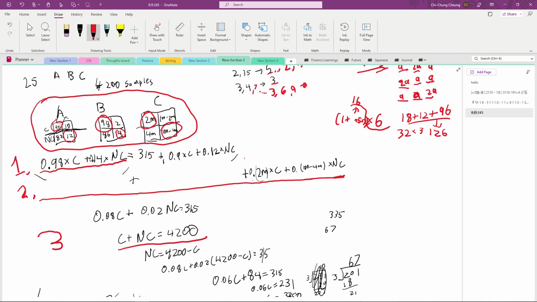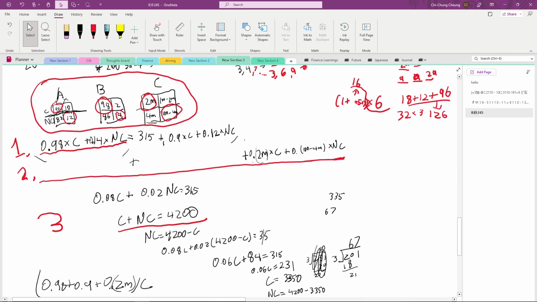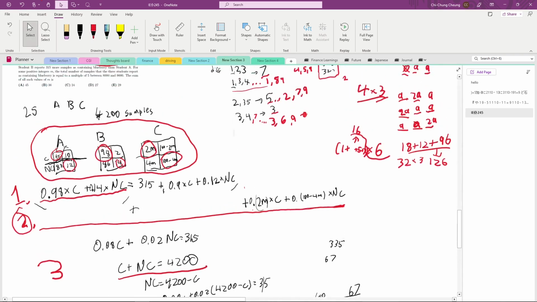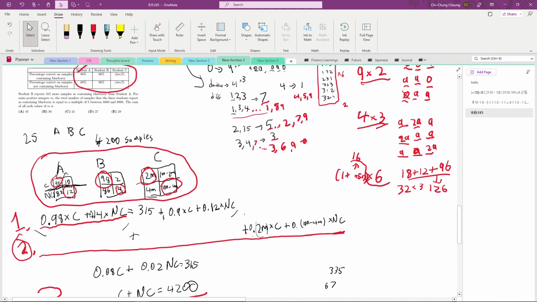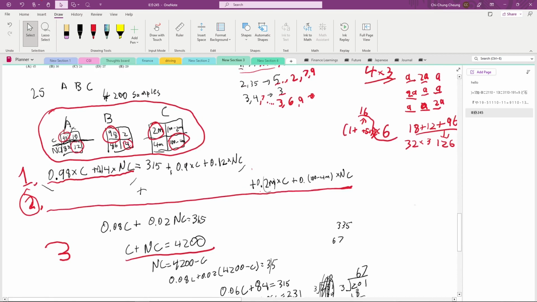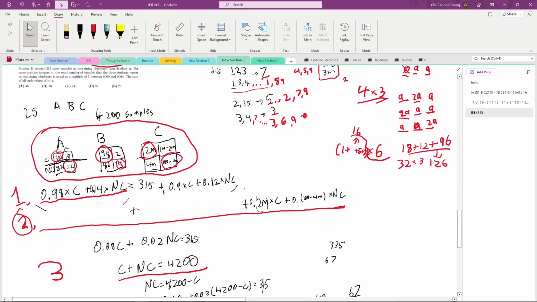So we're probably going to need to solve for C and NC. First we want to solve for C and NC, and then once we get that, we can deal with the sum in this equation too, and then see what conditions will lead it to equal a multiple of 5 between 8,000 and 9,000. Good. So that's our big plan.